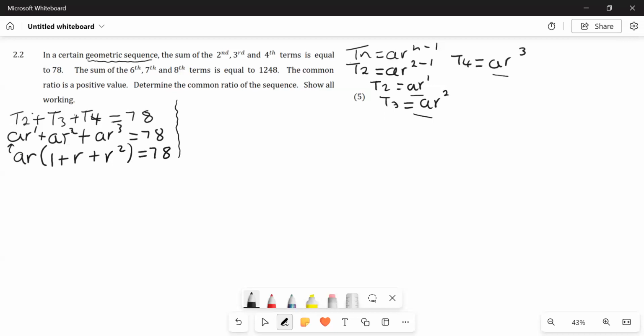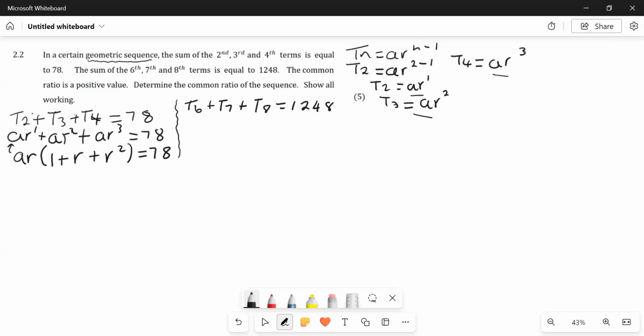The sum of the 6th, 7th, and 8th terms is equal to 1248. So T6 plus T7 plus T8 is equal to 1248. We follow the same procedure.